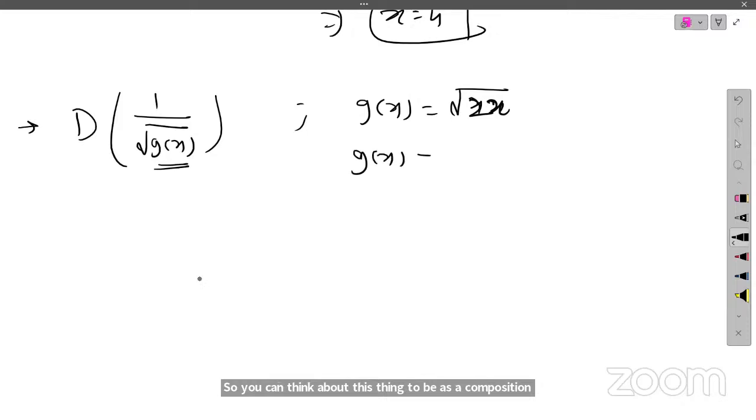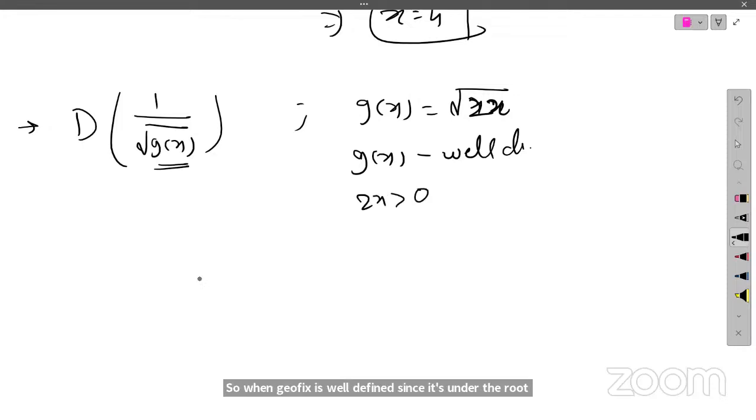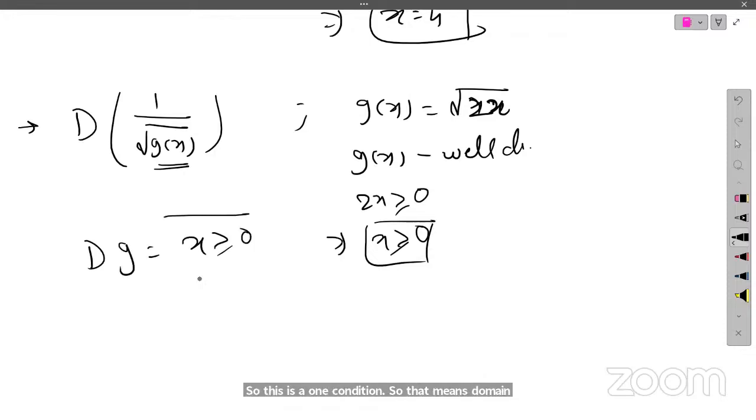Since it's an under-the-root function, 2x should be greater than or equal to 0, because an under-the-root function is well defined for 0. So this is one condition. That means for the domain of g, we have x greater than or equal to 0.